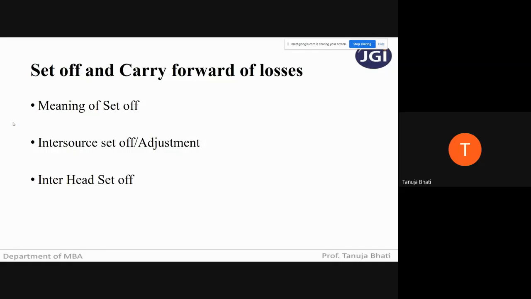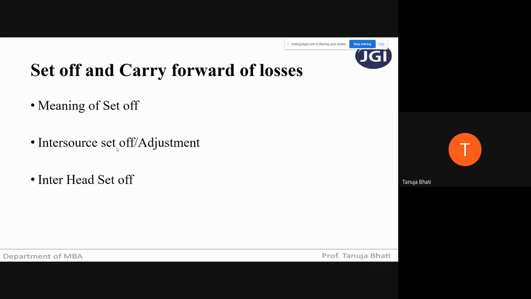There is one more impermissible inter-source set-off. We know that in the head profits and gains from business and profession, the business can be a speculative business and a non-speculative business.